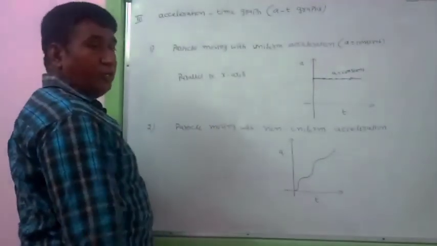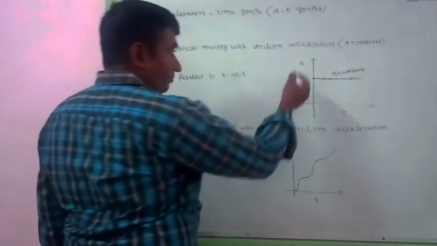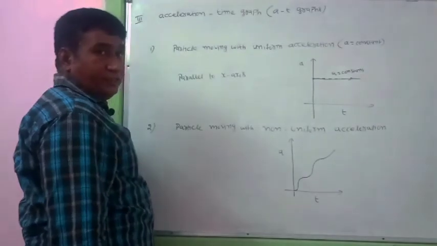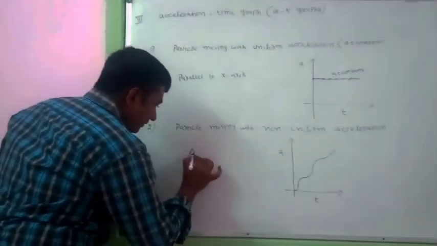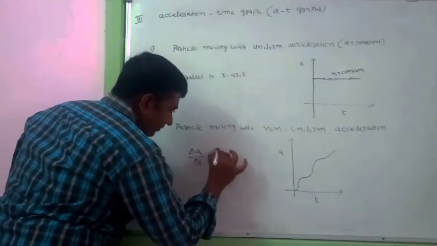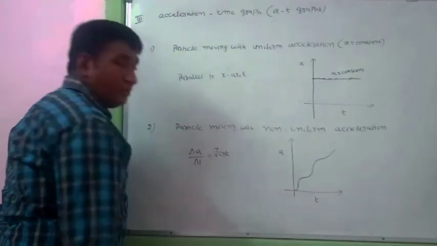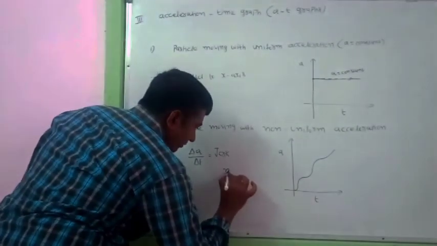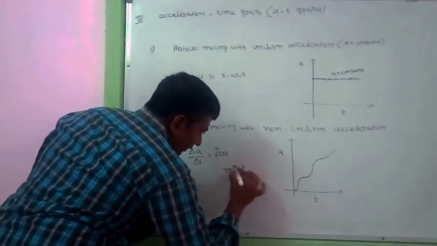This is not uniform. The rate of change of acceleration is called jerk, that is delta A by delta T. This may not be asked in competitive exams. Its unit is meter per second cube.